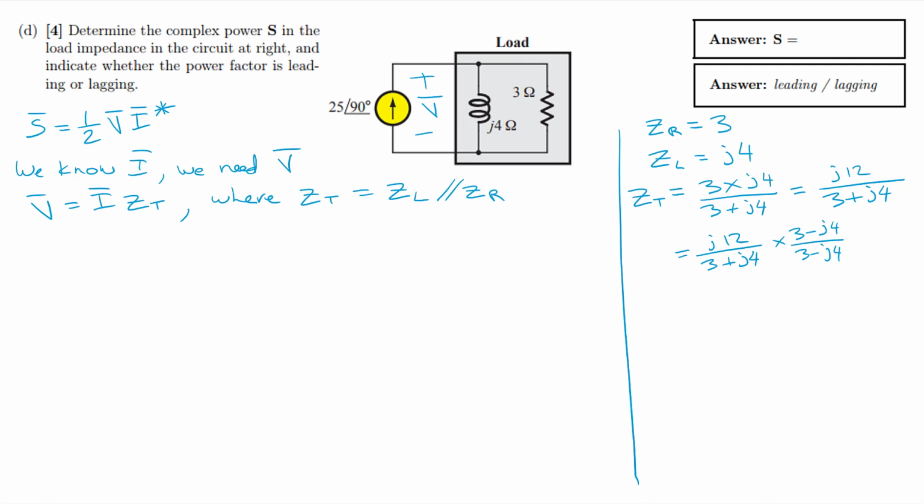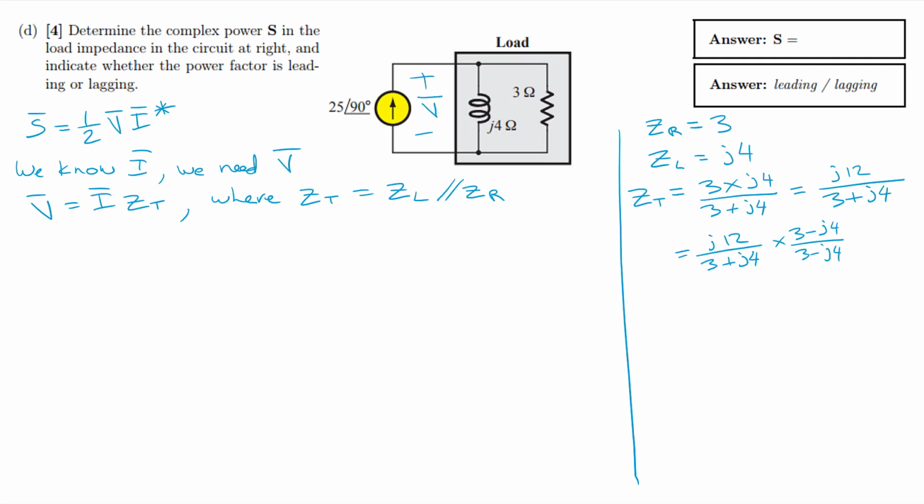Note that this is the complex conjugate of the denominator divided by the complex conjugate of the denominator, and that is equal to 1, so we're not changing the original number. This is just a little trick to get a complex number in standard form.